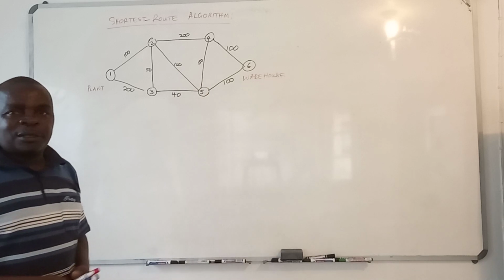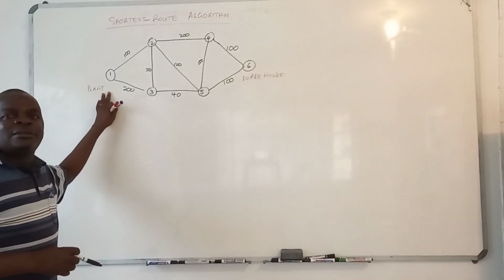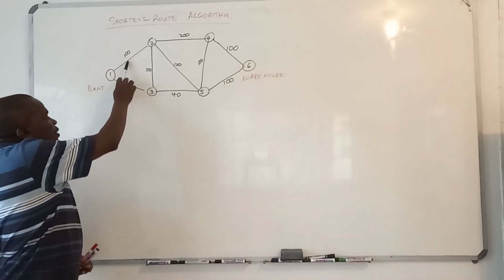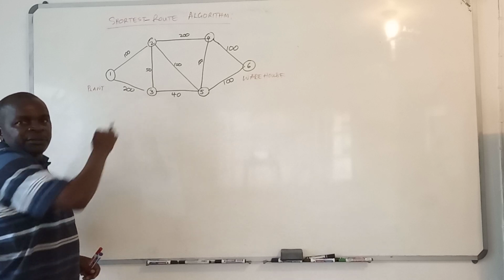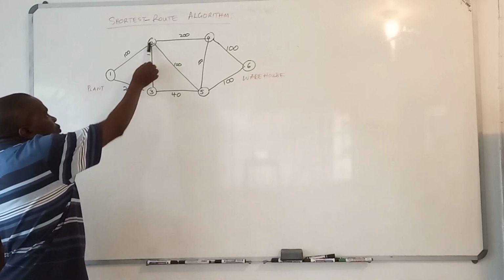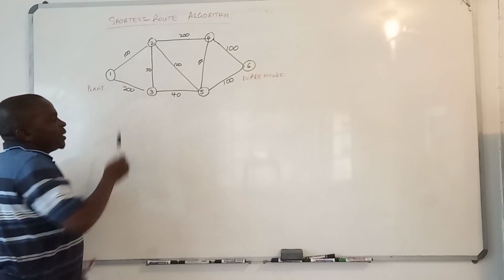Right. Now, as a starting point, we look at node 1, which is our plant. As you can see from the diagram, there are only two possibilities of leaving that point. One of them is to move from node 1 up to node 2, and the other one is from node 1 up to node 3.